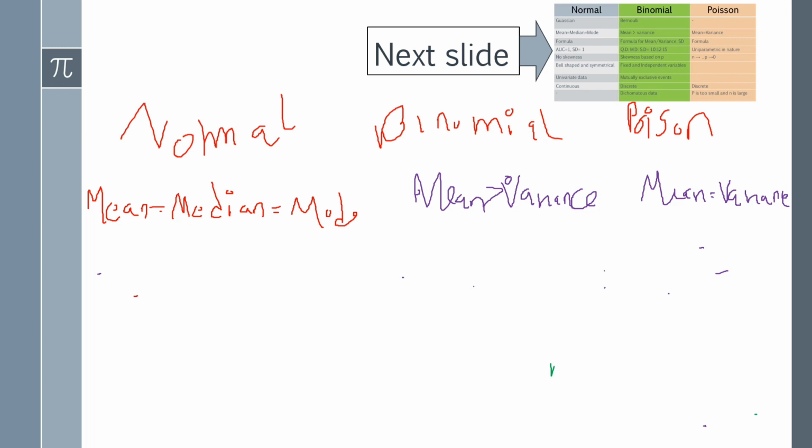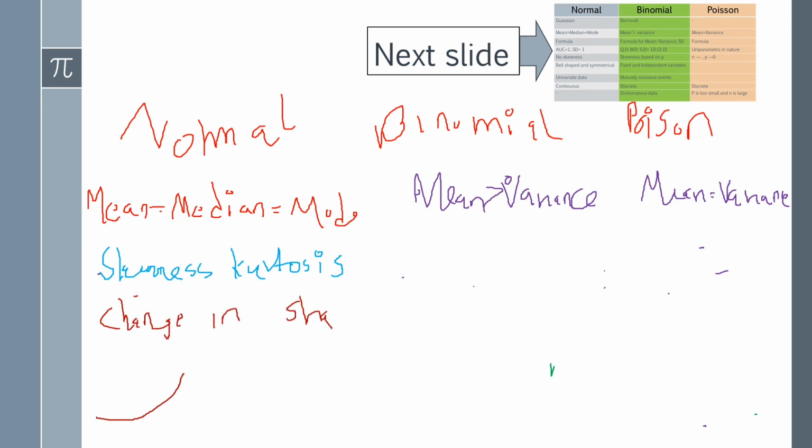Now, in normal distribution, there are two phenomena, skewness and kurtosis. These both are absent. It's basically change in the shape of a peak. So if your curve is like this, it has to be like this. It won't be skewed positively like this or skewed negatively like this.